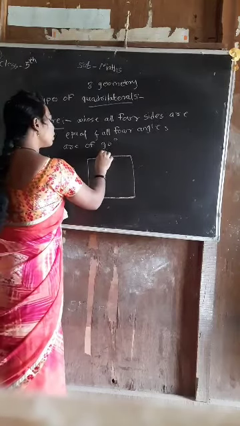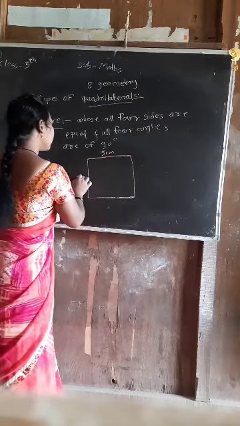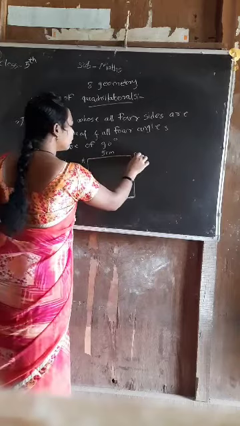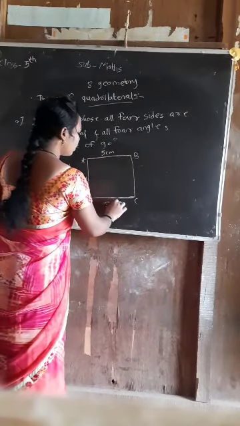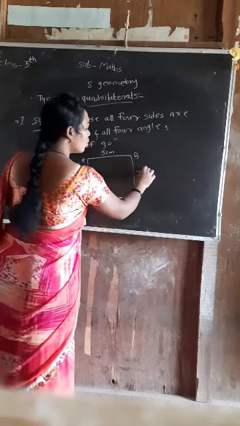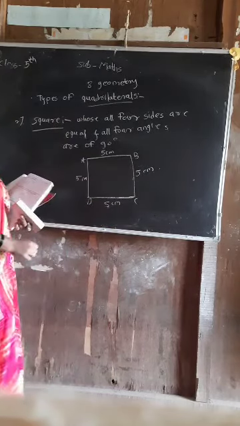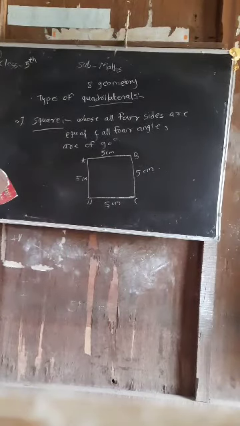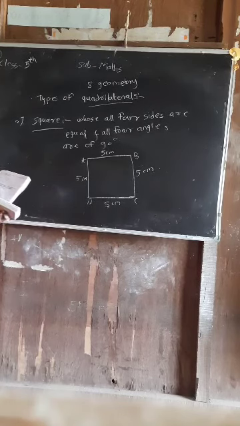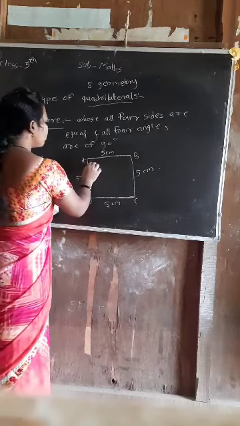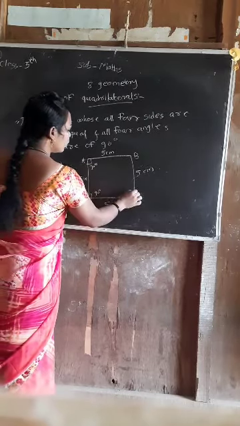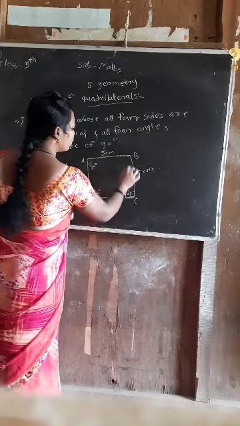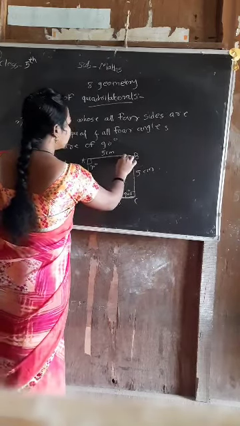That is, this side is 5 centimeter. ABCD is a square, also 5, also 5 centimeter, also 5 centimeter. Then each angle is of 90 degree.